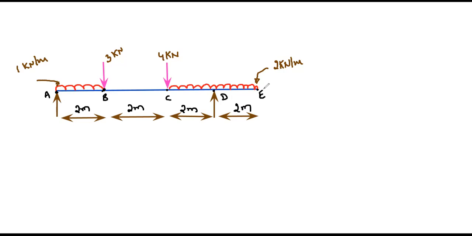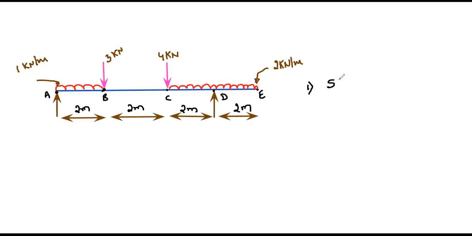Now, in the last video, we calculated the shear force and bending moment diagram for an overhanging beam by considering the forces and moments from the left of the beam. In this video, we'll consider forces and moments from the right end. For that, first we should understand the sign convention for shear force diagram and bending moment diagram.